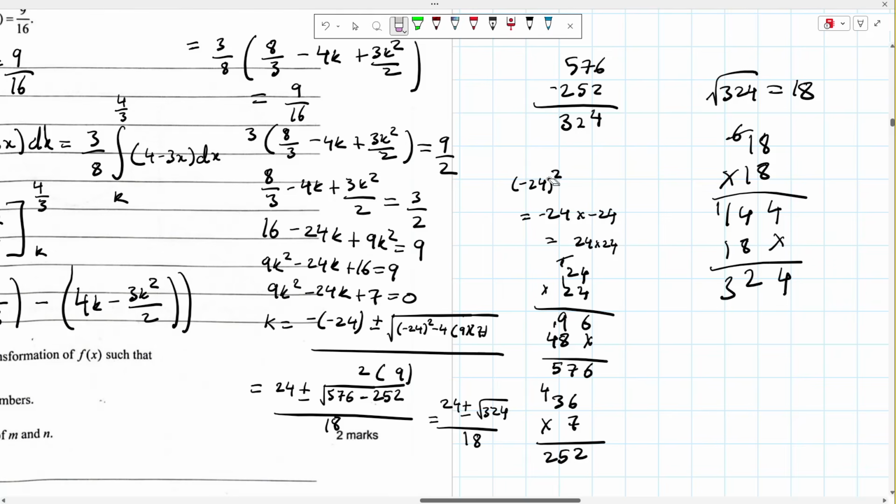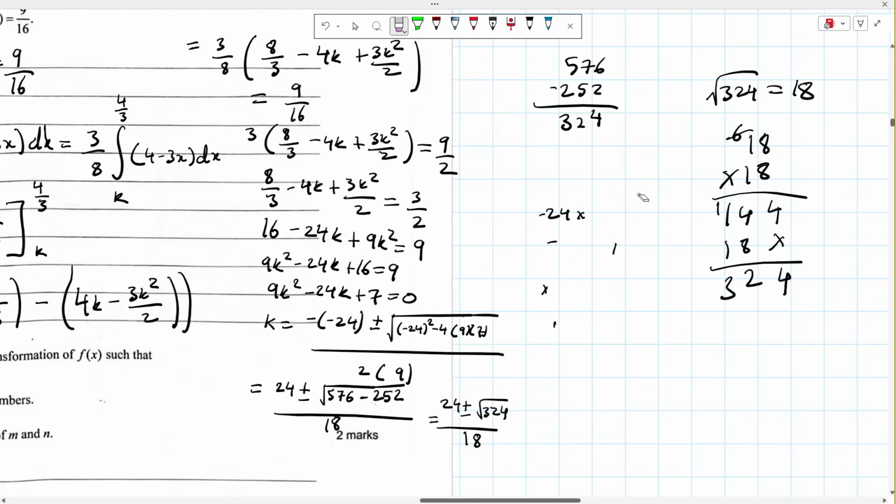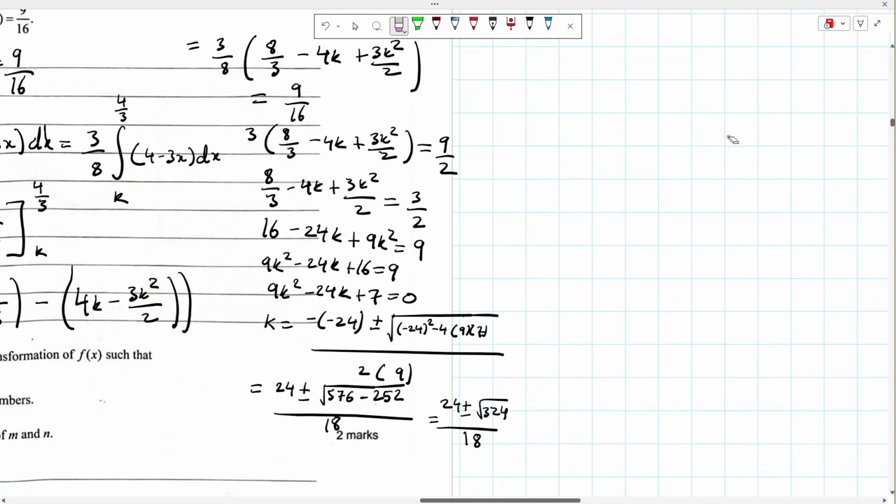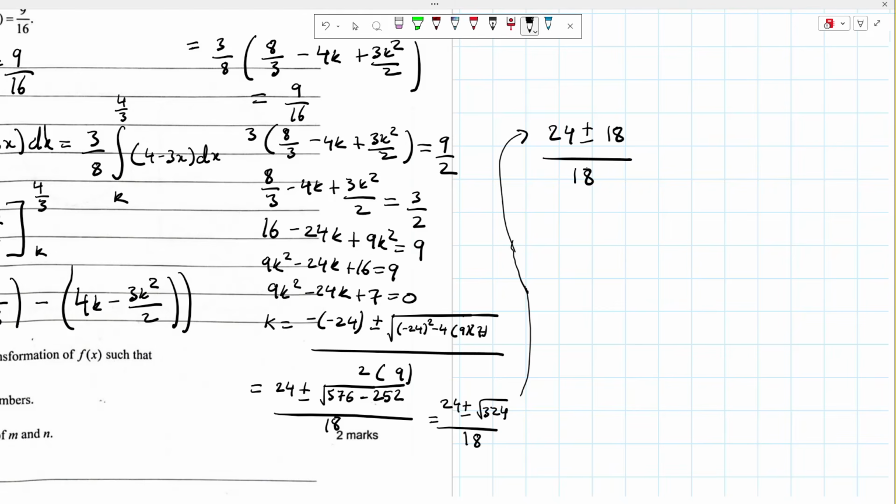So the square root of 324, and I know the numbers are getting really big here, is actually 18. So let's bring this up here for a second. I know that we're kind of running out of space, so we get 24 plus or minus 18, all divided by 18.